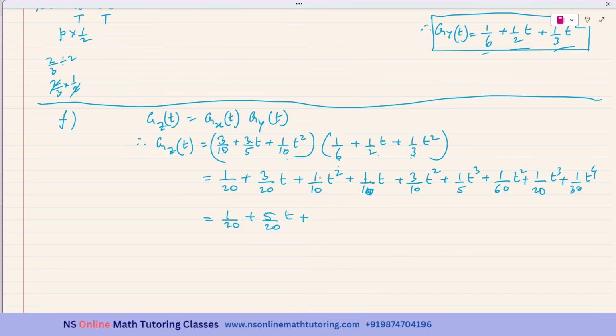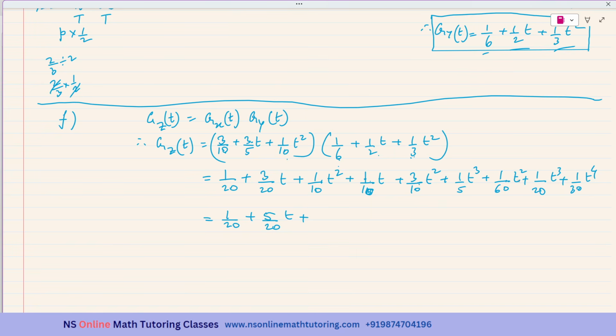Next comes the t². It is 1/10 plus 3/10, so 4/10, and this is 1/60. If I want to convert the 10 to 60, I have to multiply by 6, so 4 should also get multiplied by 6. So it will be 24/60 plus 1/60.